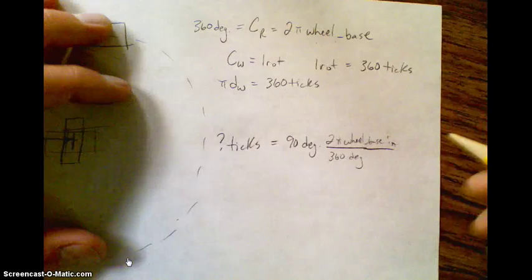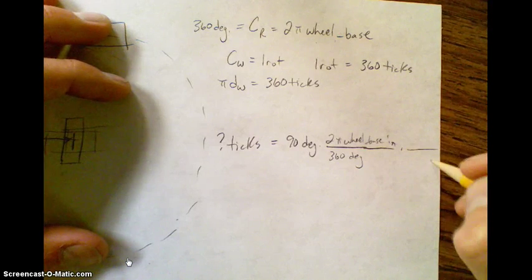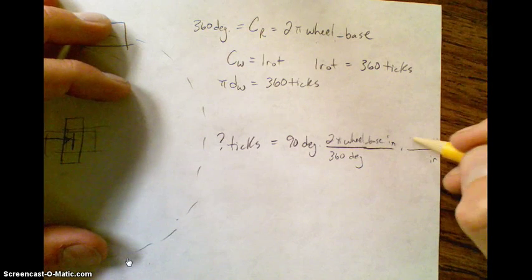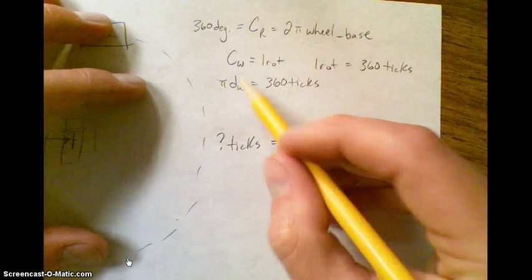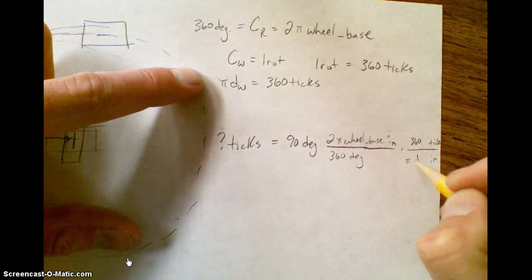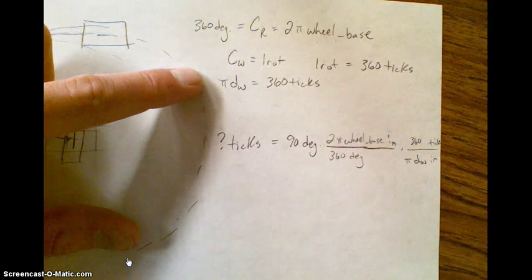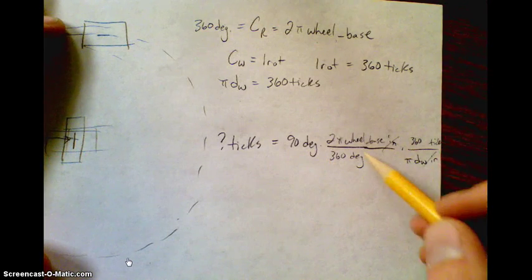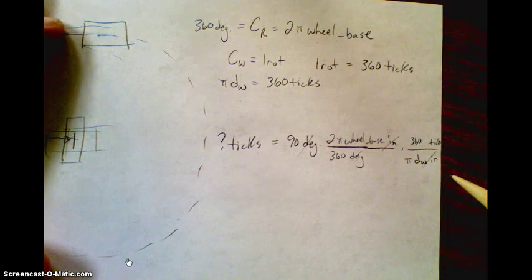And now I'm in inches, and I can convert inches to ticks, because for every 360 ticks, that is this many inches: pi times diameter of the wheel, inches. And if you look at your units, they cancel. Inches with inches, degrees with degrees, and now you're left in ticks.